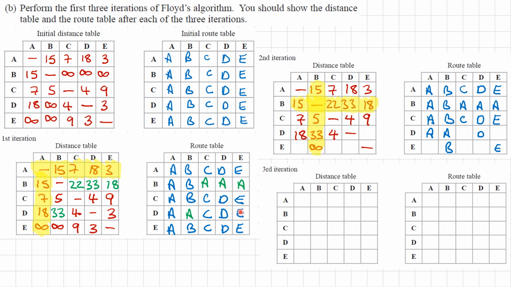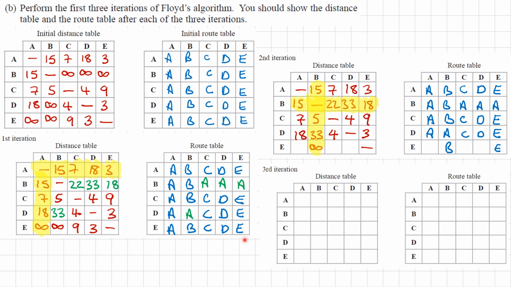Let's have a look to see what letter was there. It was a C, so that remains as a C. And the last one on this row, we're going to have 33 plus 18. That will be 51. 51 is greater than 3, so no change here, and no change here. That remains as an E.